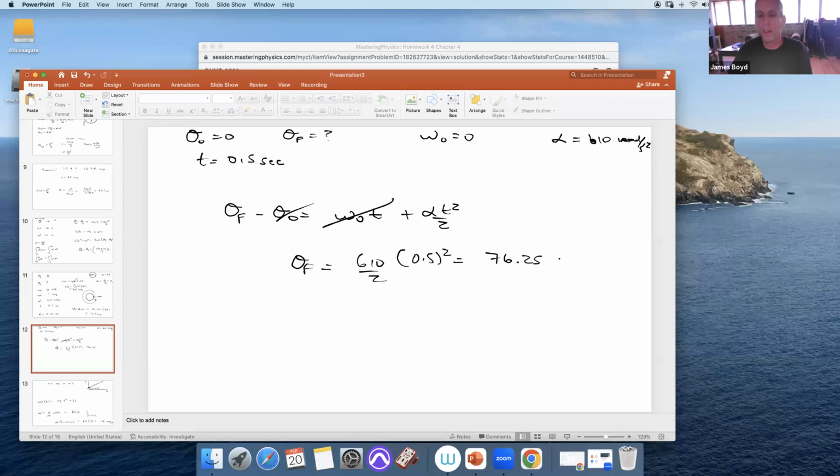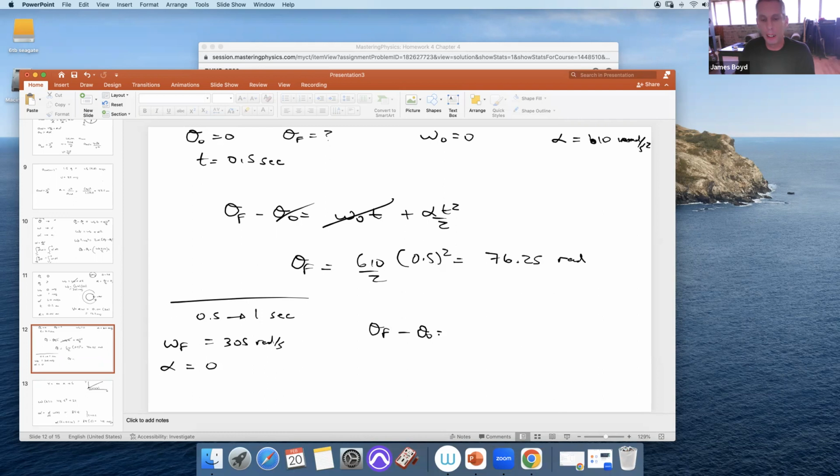76.25 rads. Now in the second, from 0.5 to 1 second, in this amount of time, it had an omega final of 305 rads per second, and it was constant. Alpha was 0. And if alpha is 0, then theta final minus theta initial is omega times t, and t is going to be half of a second.